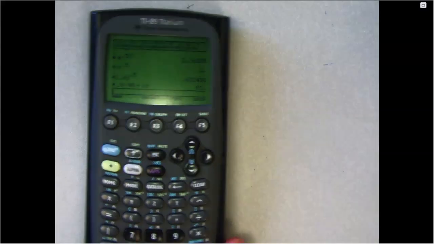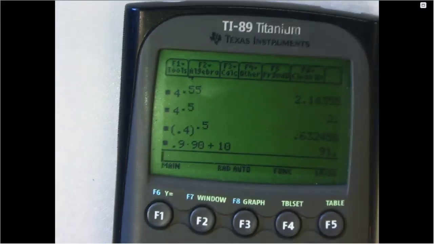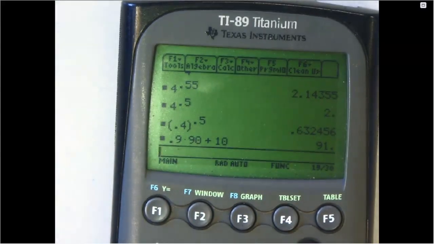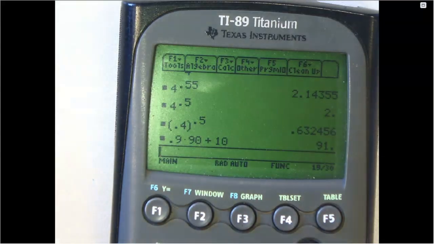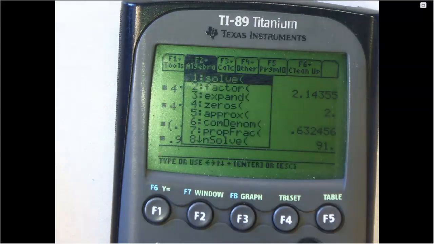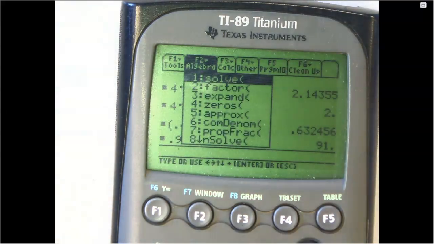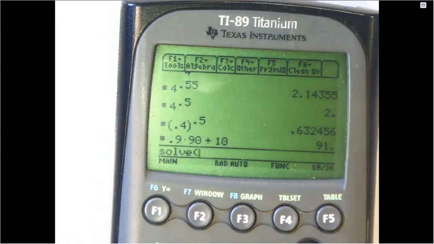And unlike your main screen, we're not going to graph it, we're going to have it like calculator here. F2 is solve. And again, you get the calculator on half the AB test. So there are questions that this comes in very handy. Then I type in the equation as it is.